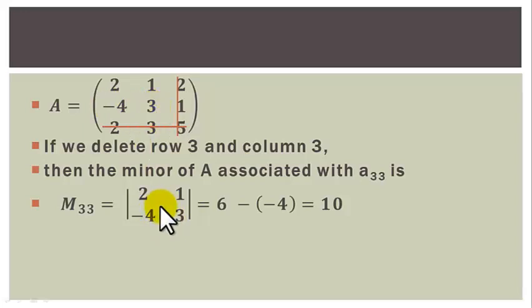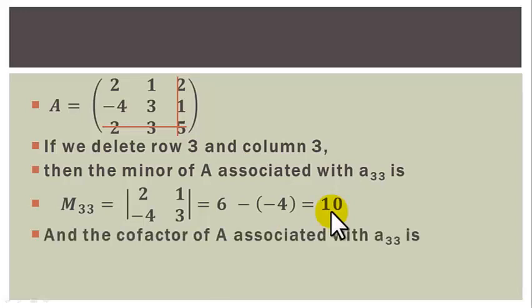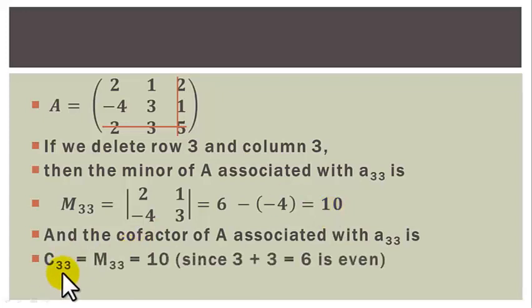And this determinant will give us 10. And the cofactor of A associated with A33 is C33, which is equal to M33, since 3 plus 3 is even. And that will give us 10. We have computed the cofactors of all the 9 elements in this matrix.